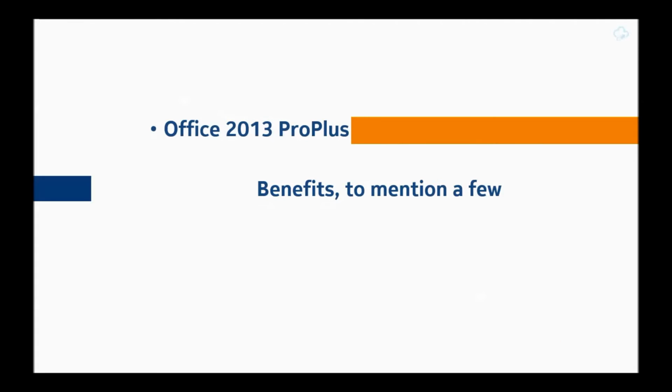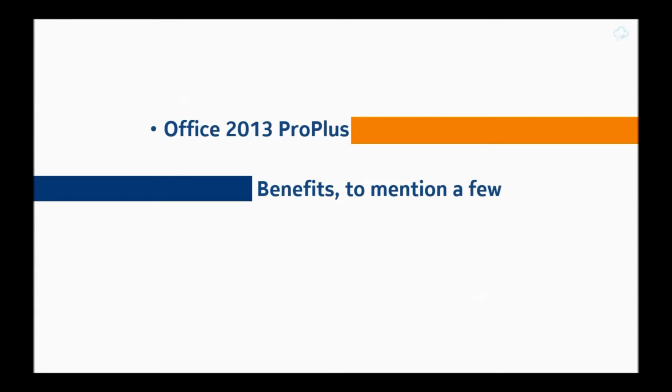So what are the benefits that we have in this new Office? There are several improvements introduced to the Office desktop applications. Just to mention a few, these include new and improved ways of finding information quickly in your Outlook. The ability to open a non-secured PDF document in Word and edit it.